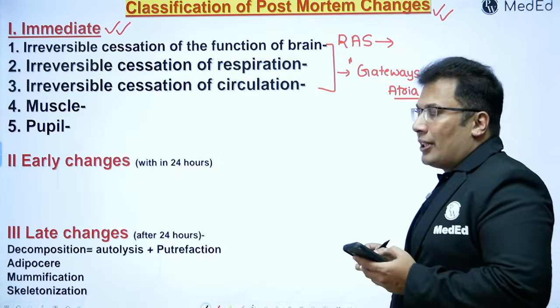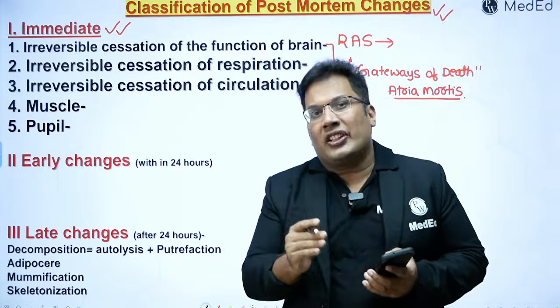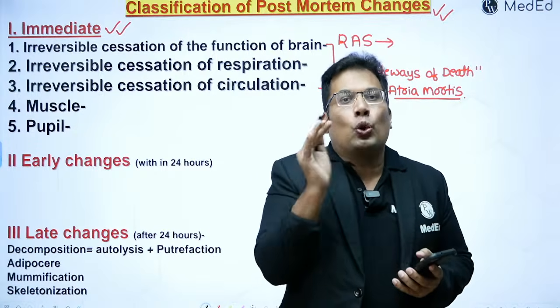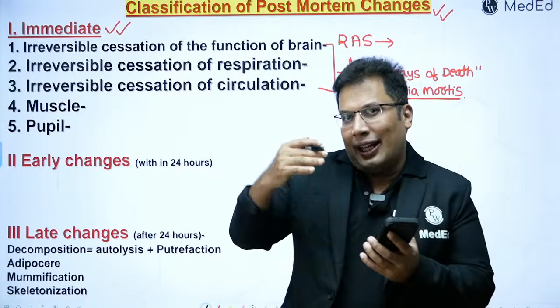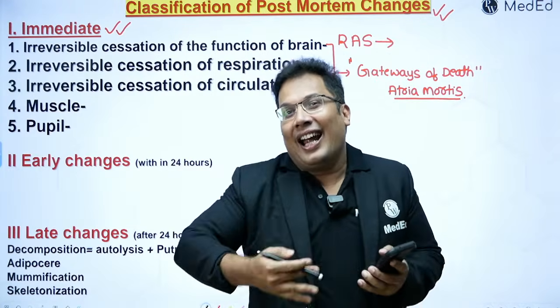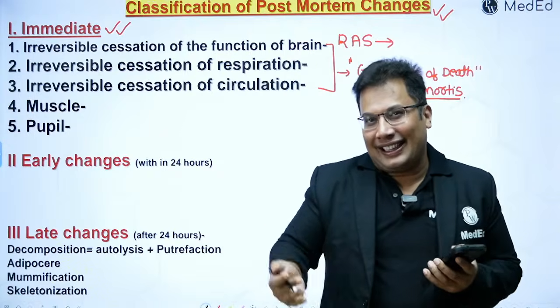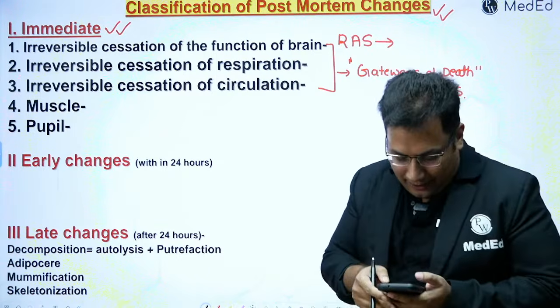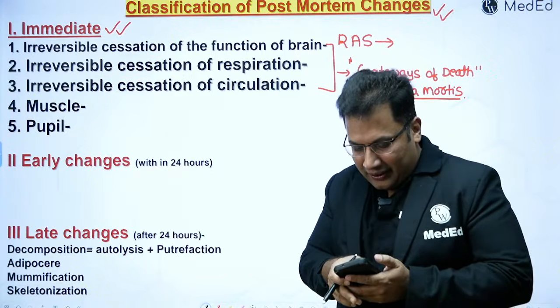So all of you write in the chat box, Atria Mortis is equal to gateways of death. That means the gate through which Thanatos enters the body and causes the death basically. Gateways of death. Okay, keep writing this, all of you guys, Pranav and others.